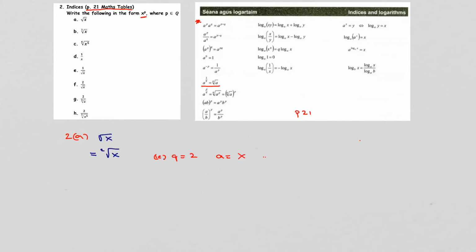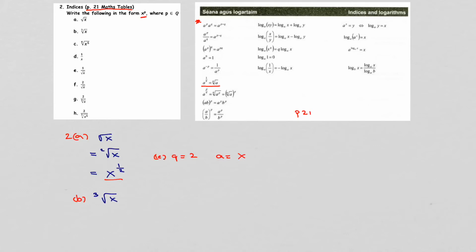So if I'm looking at the rule, it tells me to write it as a to the power of 1 over q. So a in this case is x, x to the power of 1 over q, and q is 2. In other words, root x is x to the power of a half. Then the second one, which follows on from that, is the cube root of x.